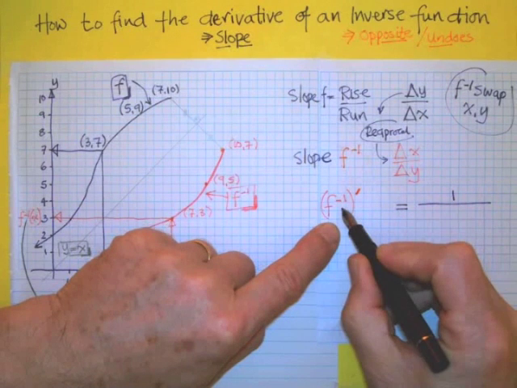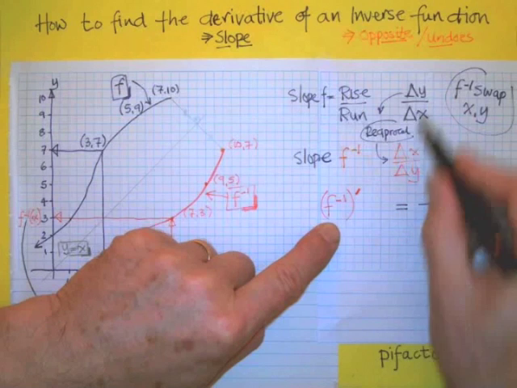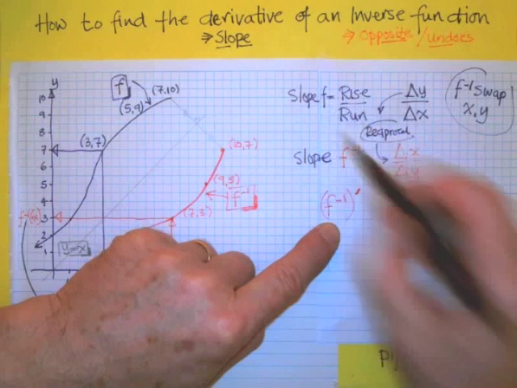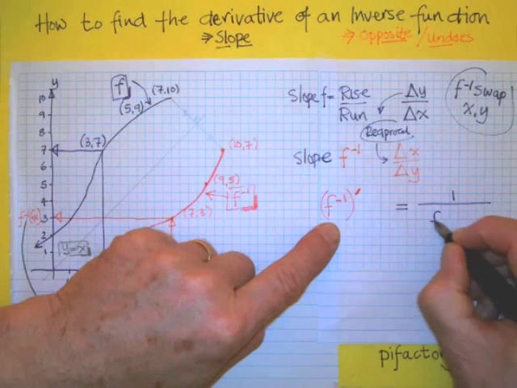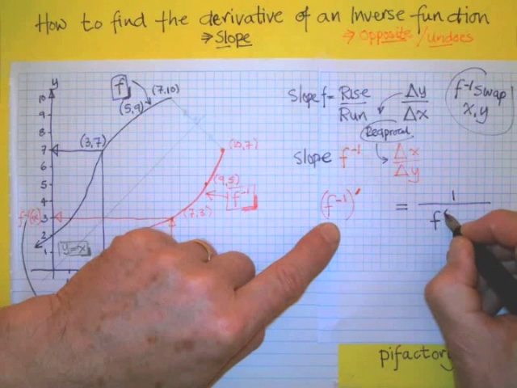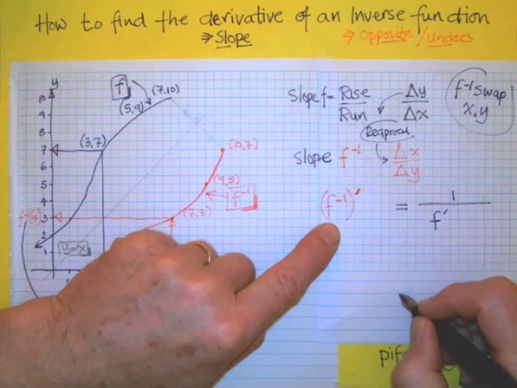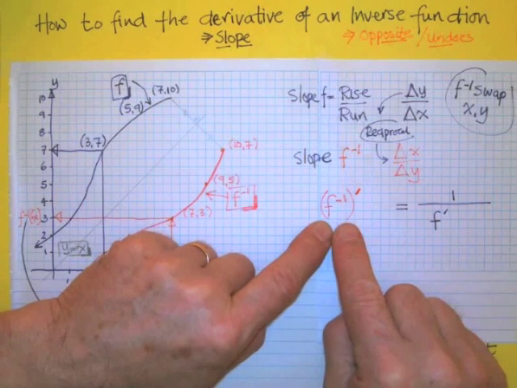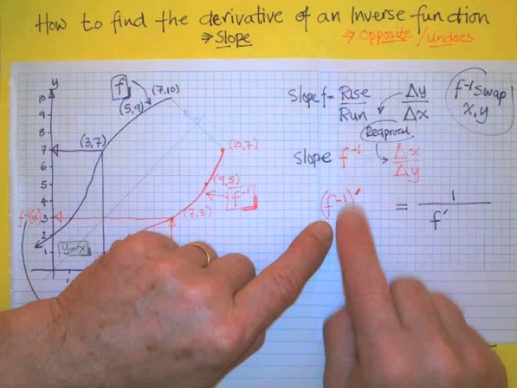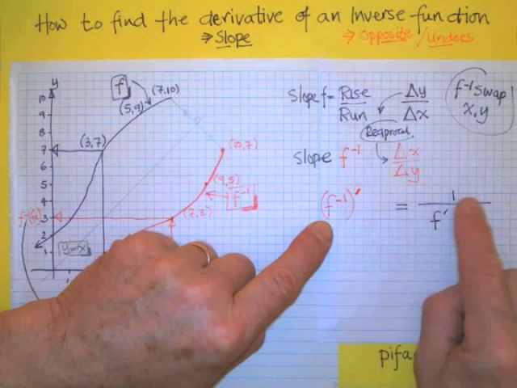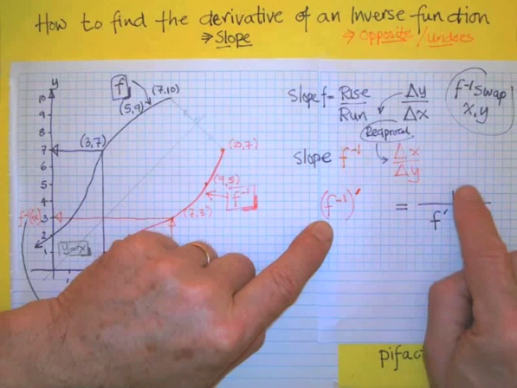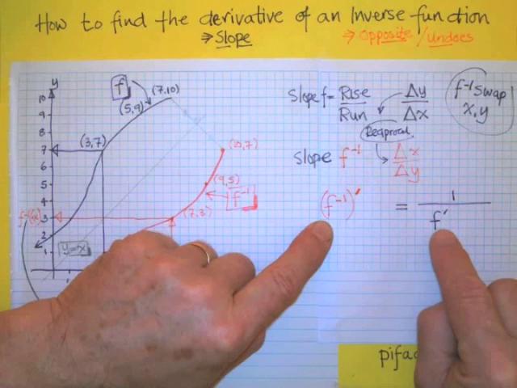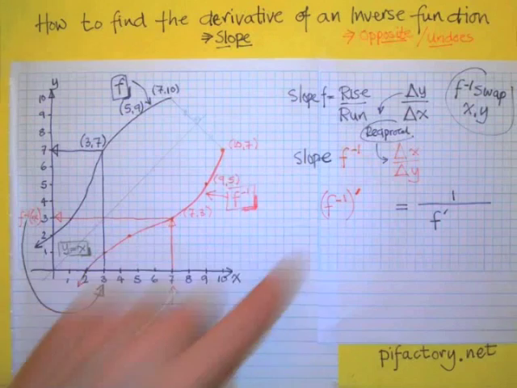It's going to be 1 over the reciprocal of the slope of f. Well, the slope of f is f prime. So all I'm stating here is that the slope of the inverse f is going to have something to do with the reciprocal, 1 over the slope of the original function, f prime.